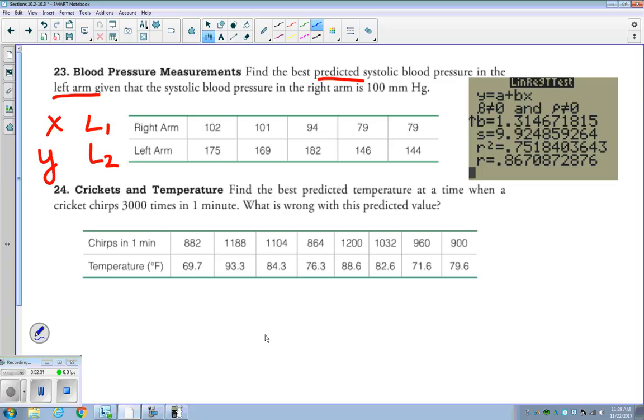How many pieces of data did I have to put in there? 5. So I'm going to go to my table A6. Looking at table A6, we'll do an alpha of 0.05.